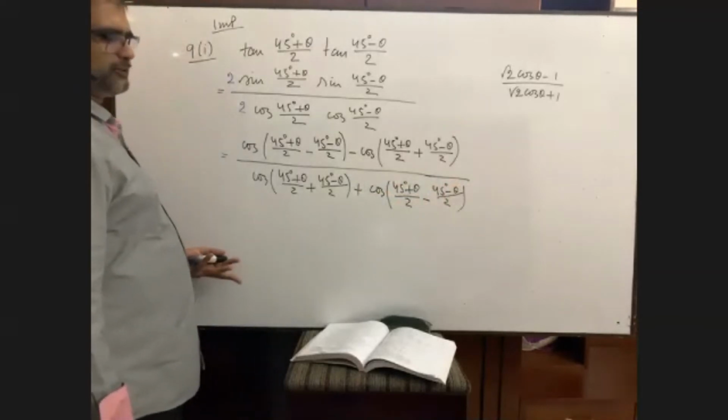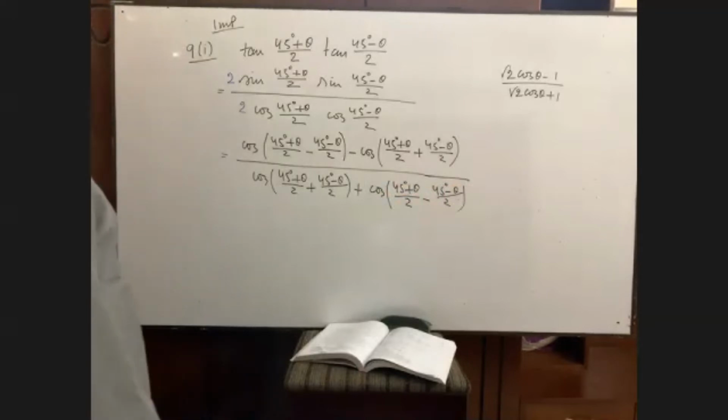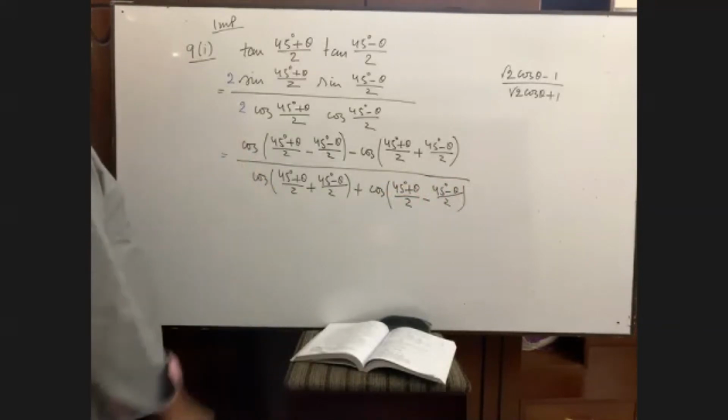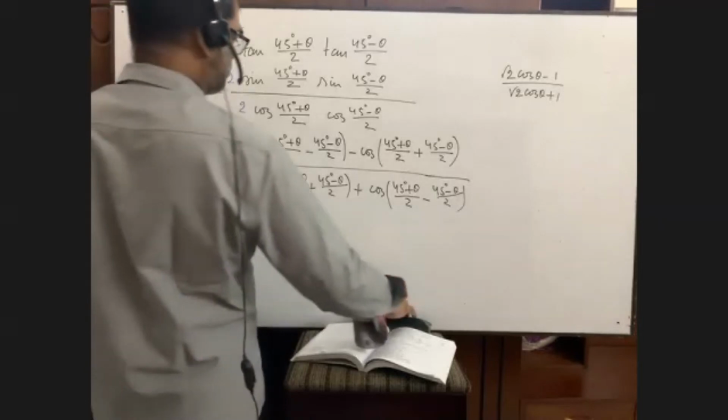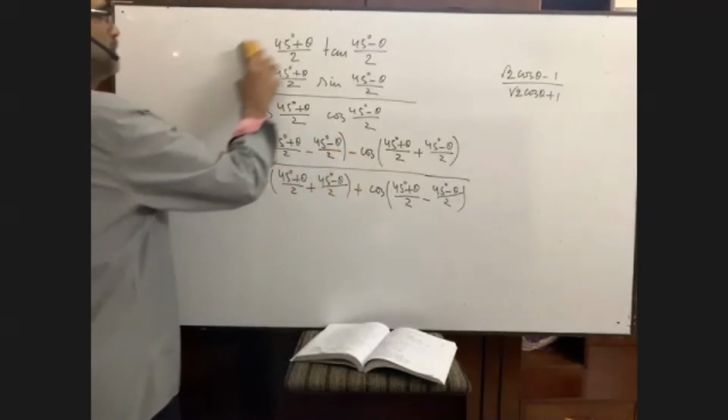What I have done, I have just put into formula. Formula number 7 and formula number 8. I told you that this formula will suffer you. Can you remember, please? Formula number 8 and formula number 12.